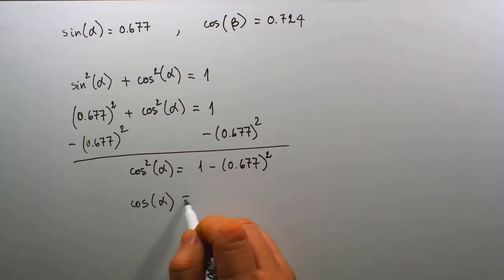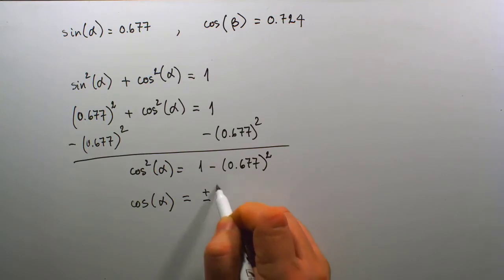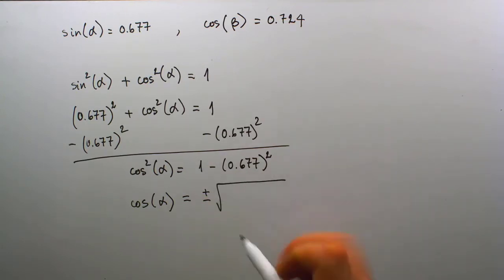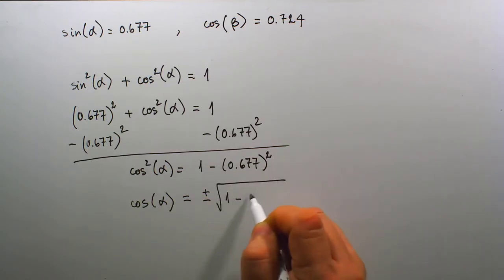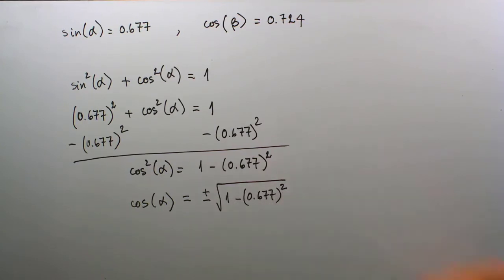Taking the square root of both sides means we must have plus and minus the square root of 1 minus 0.677 squared inside the square root. And now at this point we must make a choice, a decision about which one, the positive or the negative square root expression, we're going to be using for our problem.